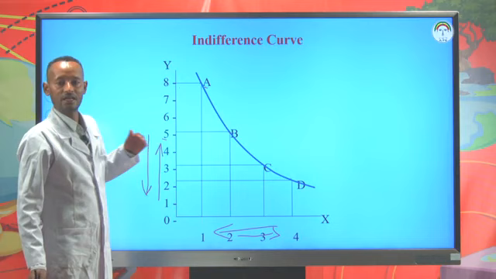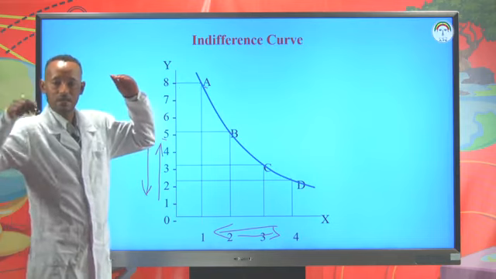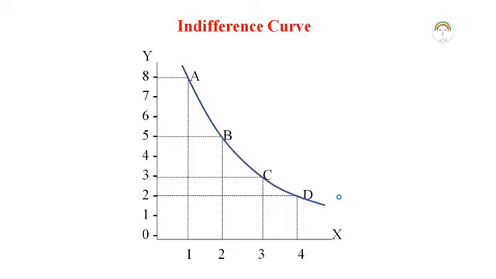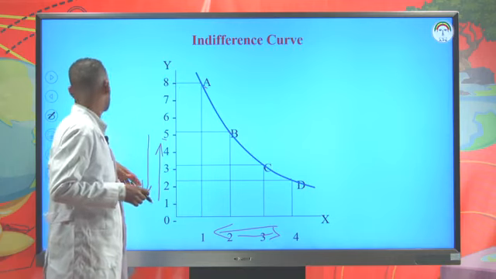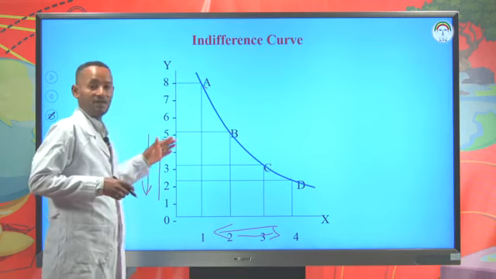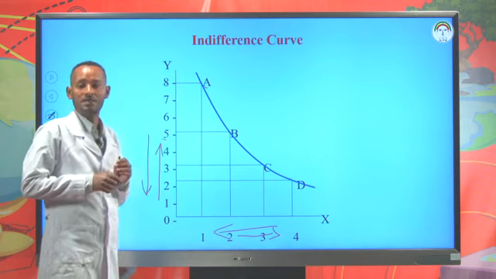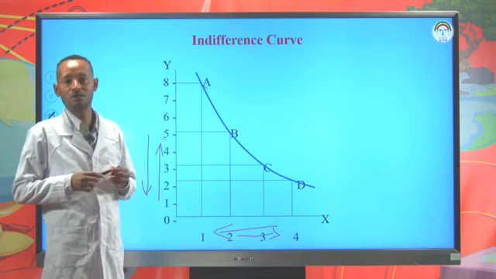So an increase in one of the variables will decline, and a decrease in one of the variables will increase the other. So due to this inverse relationship between the variables on the x and y axes, the slope of the indifference curve is always negative, or it is a downward sloping curve.